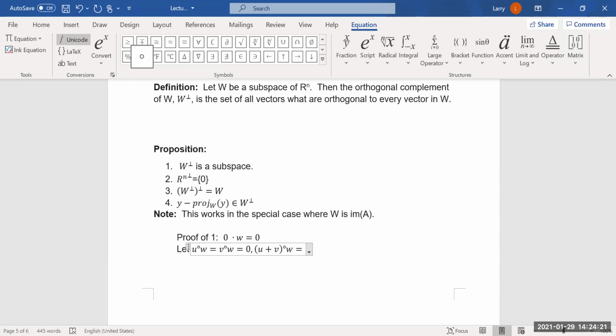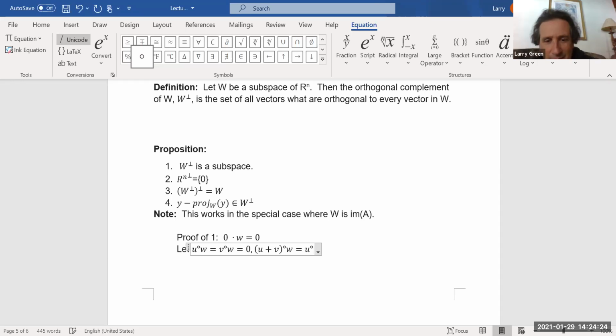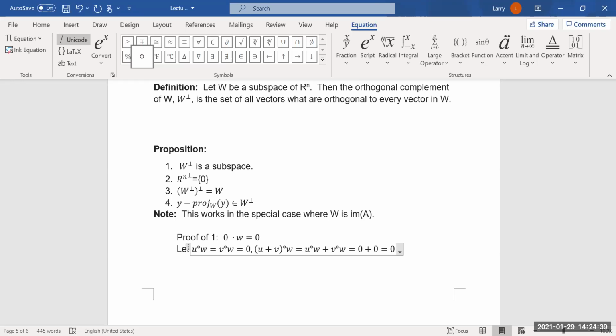We can distribute. So u dot w plus v dot w. But u dot w is 0, and v dot w is 0. And what's 0 plus 0? 0. So that one worked. Any questions on that?